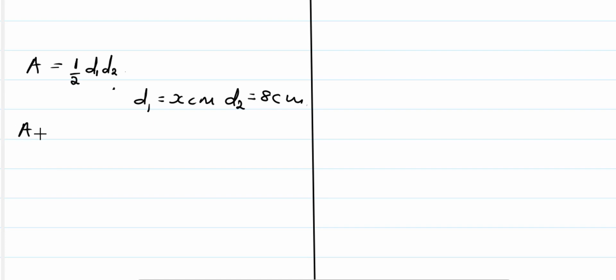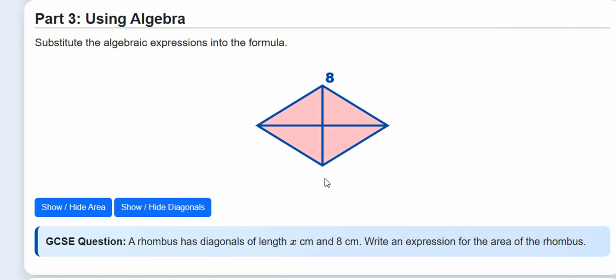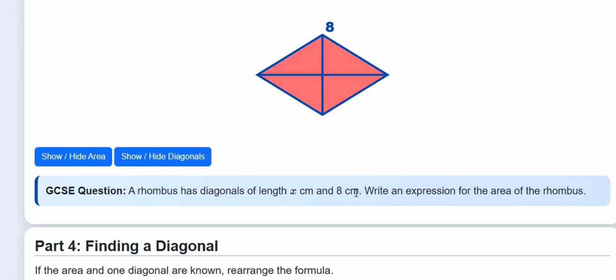So area here will be given by half d1, and d1 is x, then multiplied by d2, which is 8. So I can divide these 2 by 2, 1 by 2, 4. Then 4 multiplied by x is 4x multiplied by 1. It will still be 4x. So the expression for the area of that rhombus will be 4x centimeters squared. That's how we have written the expression.